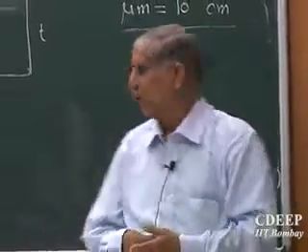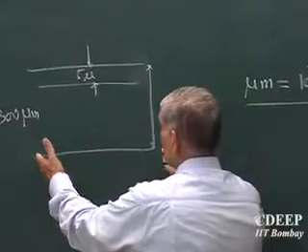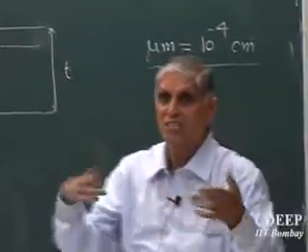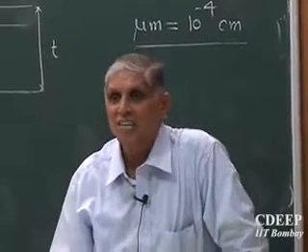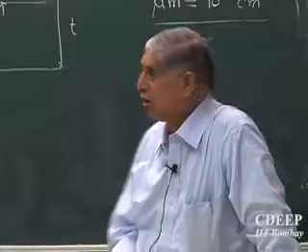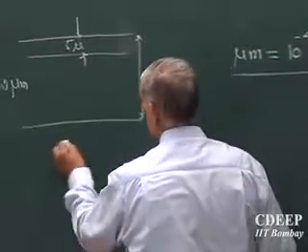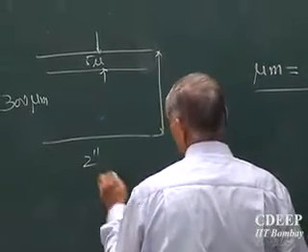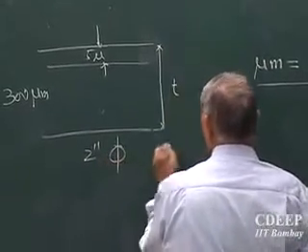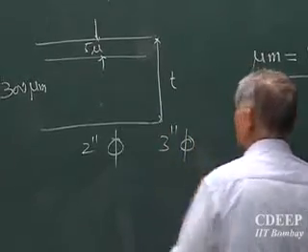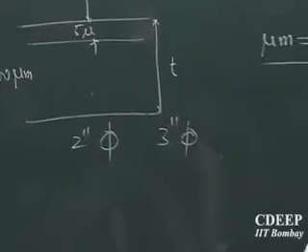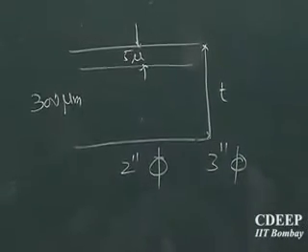So the diameter, because of its weight, gives you stresses, and it decides how much minimum thickness I have. For example, for a 2-inch or 3-inch diameter wafer, typically 300 microns wafers are used.